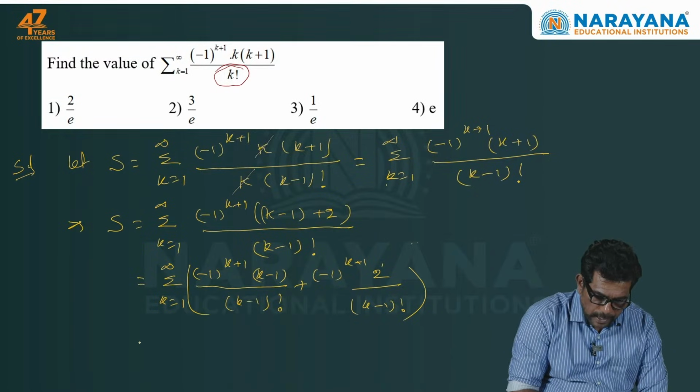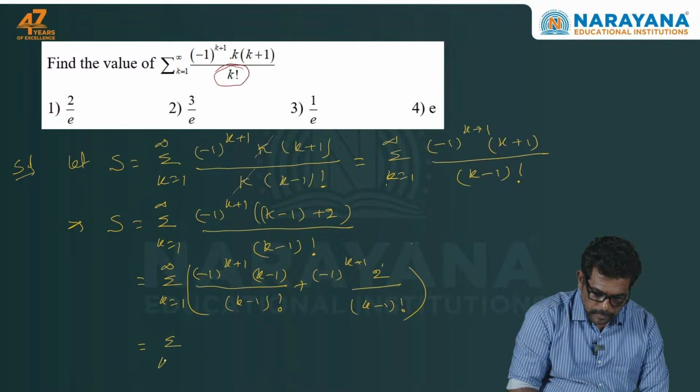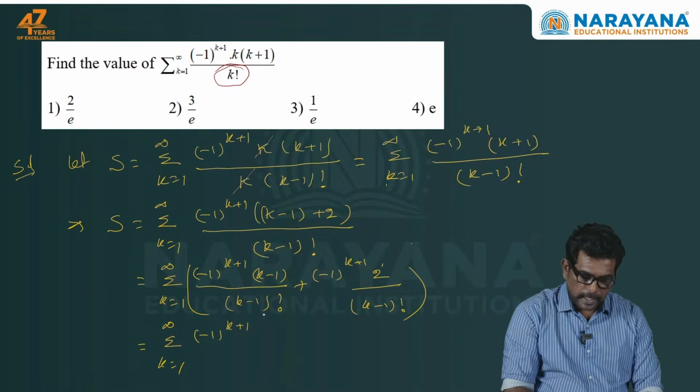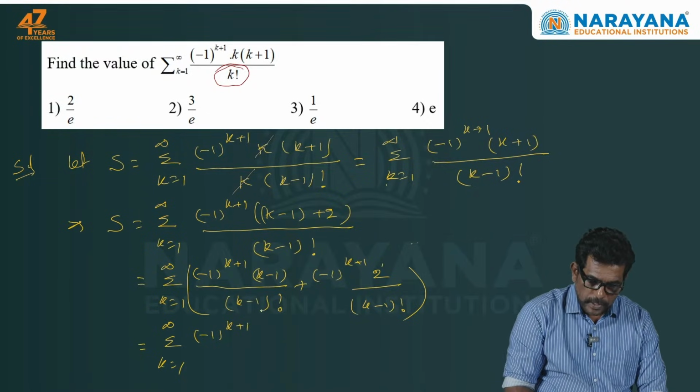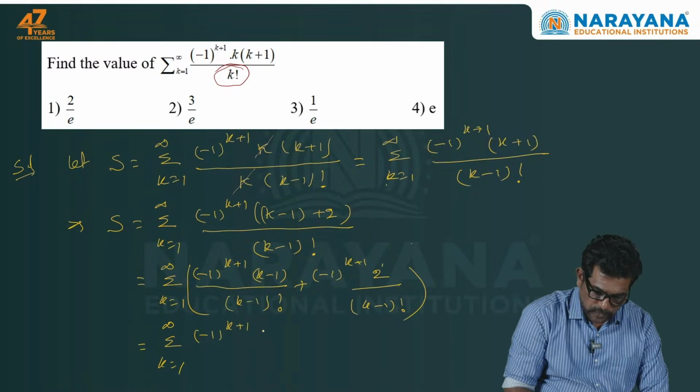Now separately I am writing this one as summation k equals 1 to infinity (-1)^(k+1), whereas in the numerator k-1, in the denominator (k-1)!. So this (k-1)! can be written as (k-1) into (k-2)!.